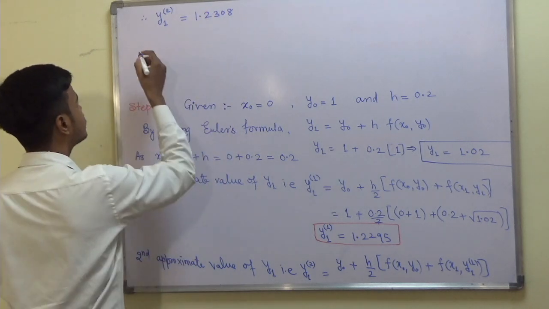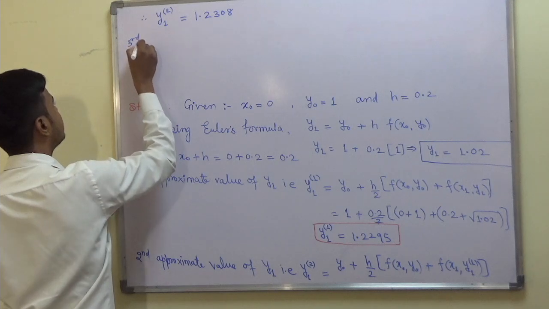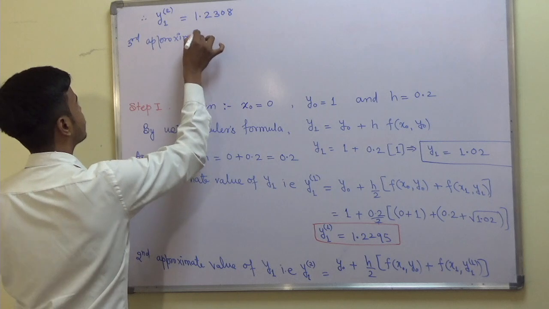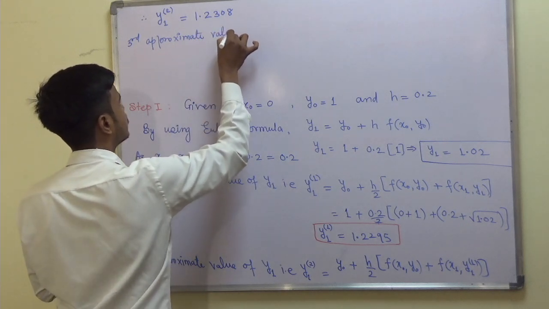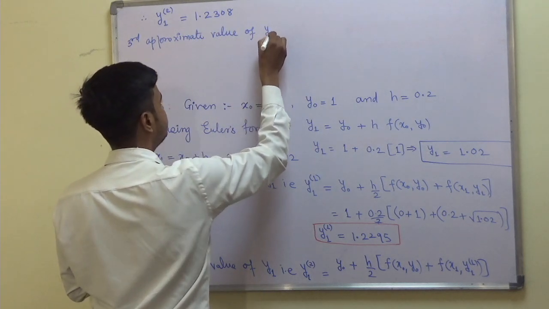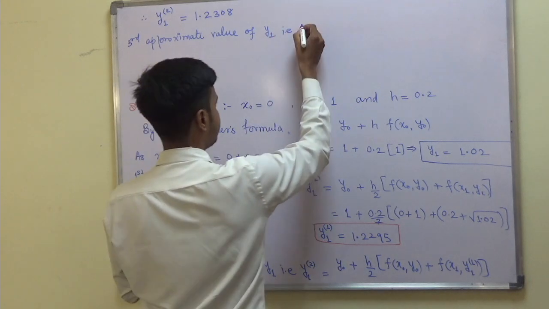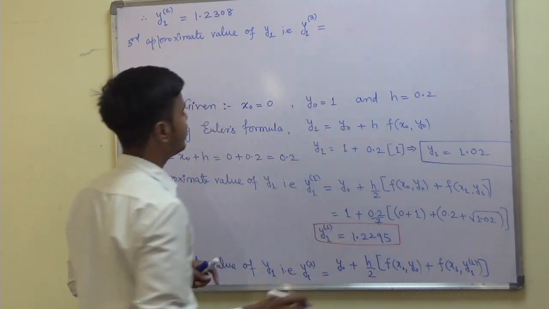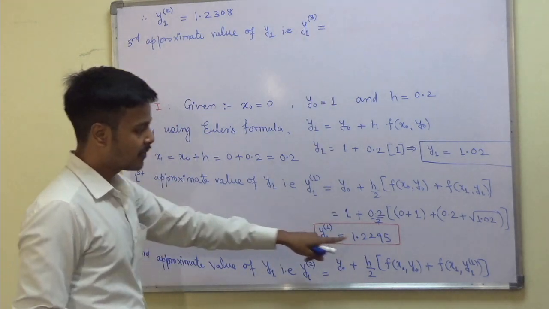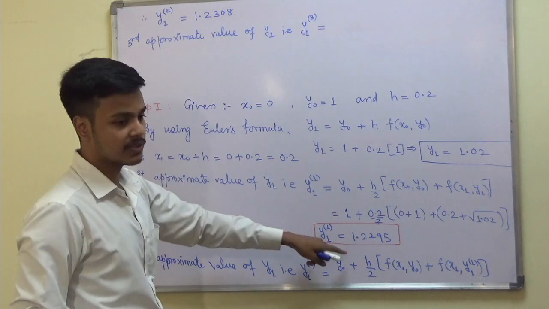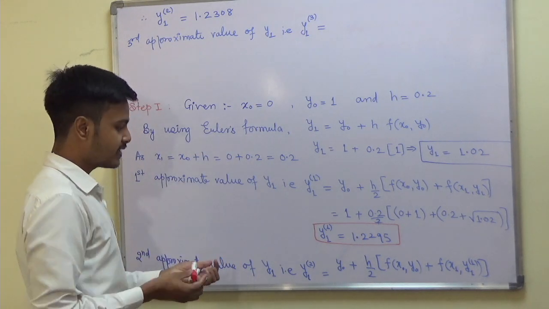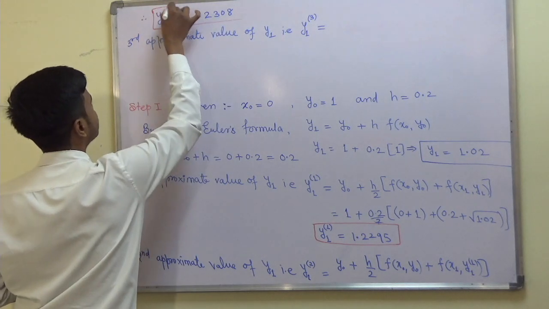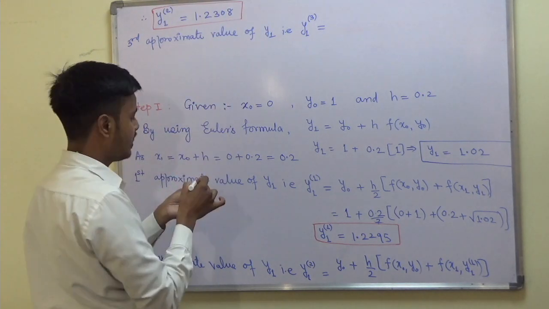Then again find out the third one. The third approximate value of y1, that is y13. Now you may be wondering why we are finding the value again, because this and this do not agree, because the difference is not negligible. So that's why we are finding another value, say y13.